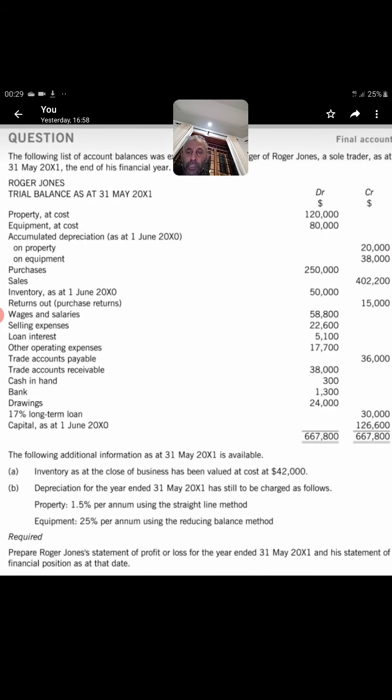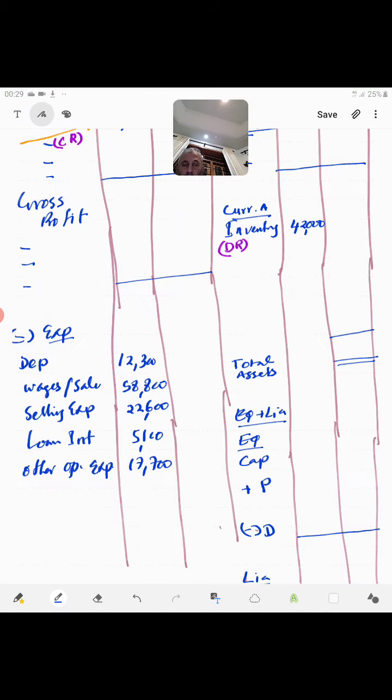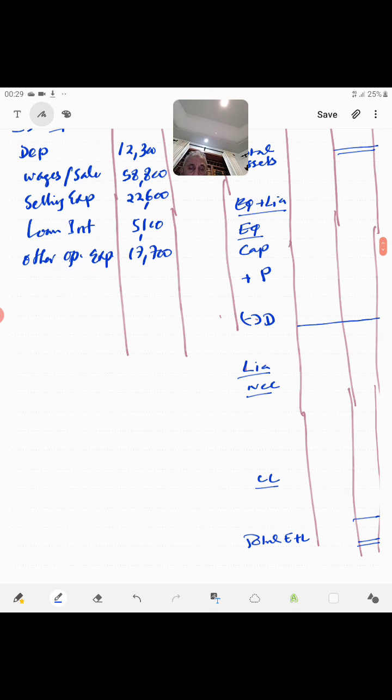Then you have trade accounts payable 36,000.